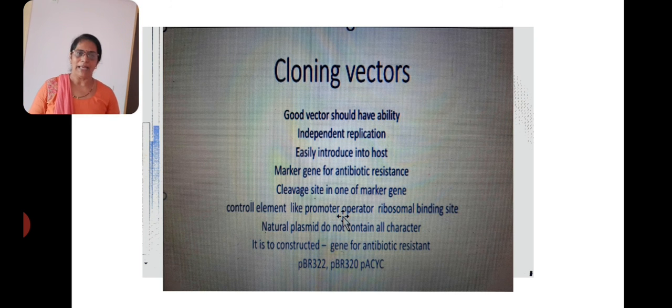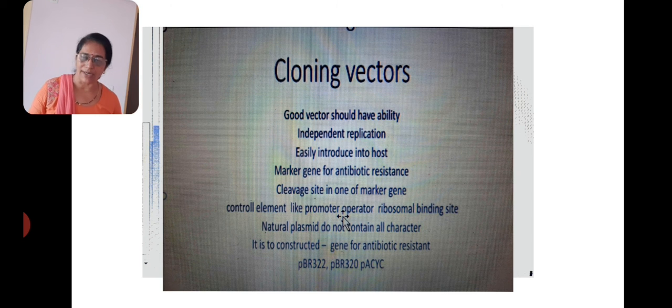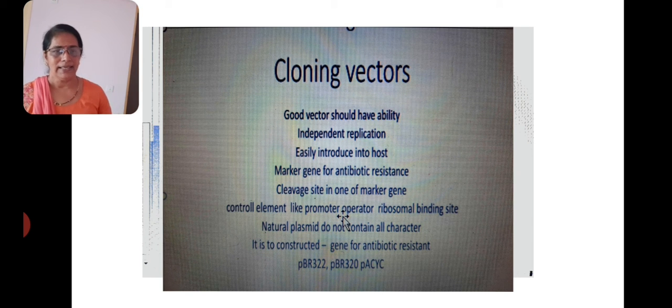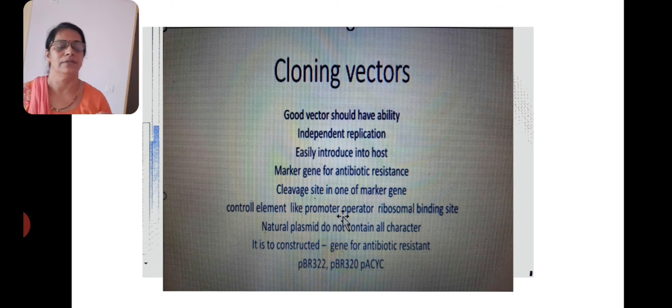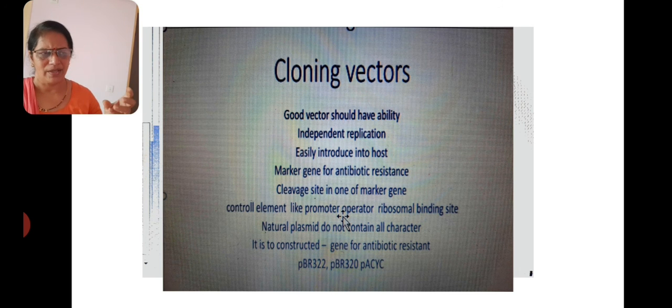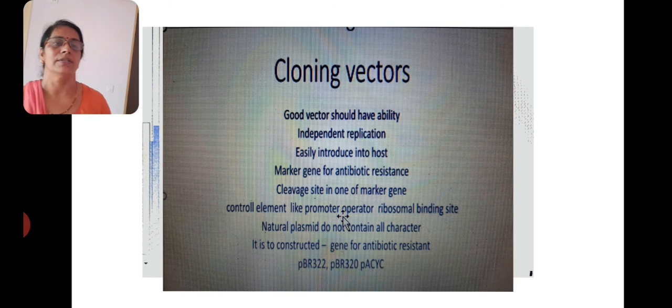P indicates the plasmid, B and R indicate the names of the scientists, Bolivar and Rodriguez, and 322 is the number. Like this, different plasmids are produced, as well as YAC, that is yeast artificial chromosome, and lambda phage DNA. With the help of these, we can produce different cloning vectors.